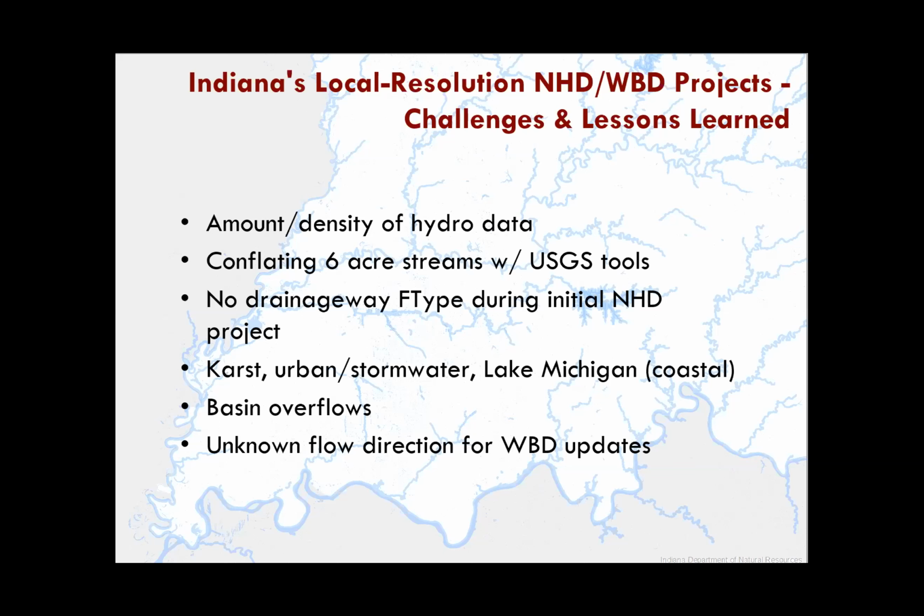One big one that we ran into, Susan touched on this a little bit, is that we had to conflate everything as the F type of stream river all the way up into the watershed, because we didn't have a more appropriate F type. And as we figured this out, as we were developing the data, we petitioned USGS to add a new F type called drainage way.